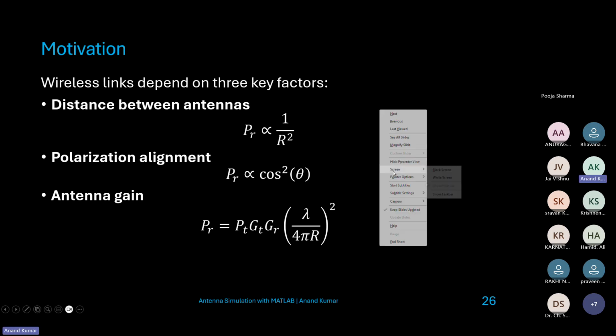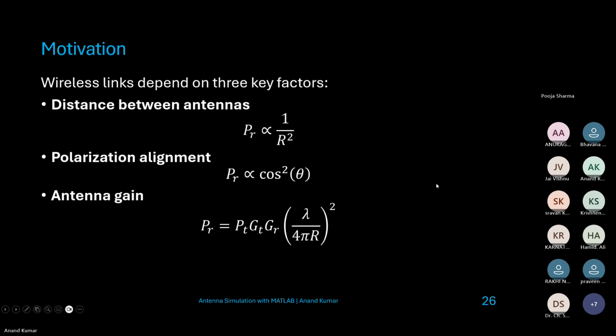So from our theory knowledge, we have seen that in the far field the power reduces as a function of 1 upon r square, where r is the distance. So let's say we have a dipole over here, and at a distance r, the power at two particular positions will reduce as a function of 1 by r square in the far field.